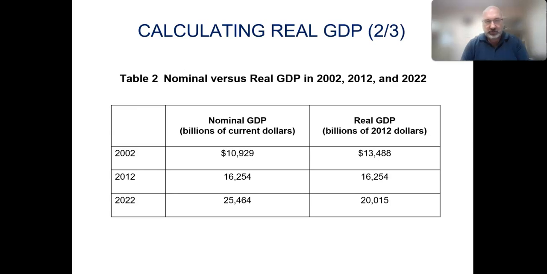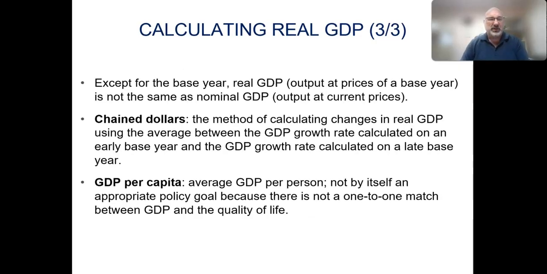When we are equal, it's the same. And when we are after and stuff was more expensive, real GDP is less than your nominal GDP. It is the way it should be. Except for the base year, real GDP is not the same as nominal.